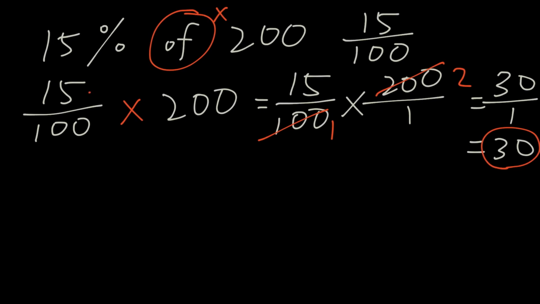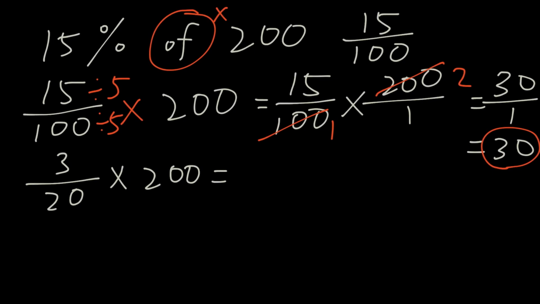Now we can also further simplify this by dividing the numerator and the denominator by 5 before we start, and then that will equal 3 over 20. And times that by 200. 3 over 20 times 200 over 1.